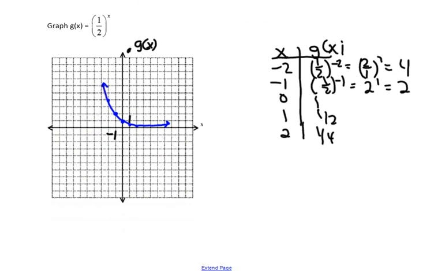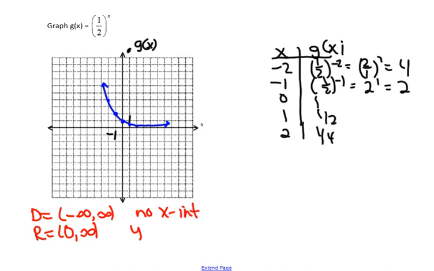Again, we can go through this now, and I'll do this in a different color. The domain is still -infinity to infinity. The range is still 0 to infinity, again not including 0. There is no x-intercept. The y-intercept is 1, meaning I can write that as the ordered pair (0, 1). You still have a horizontal asymptote at y equal to 0.